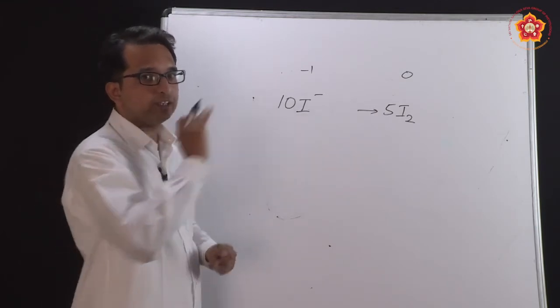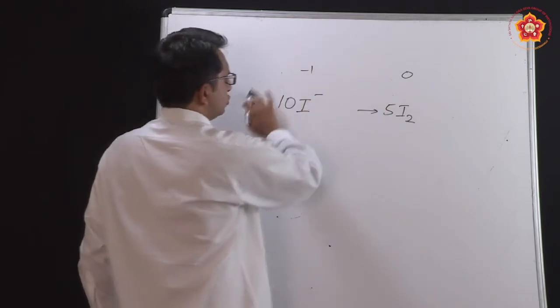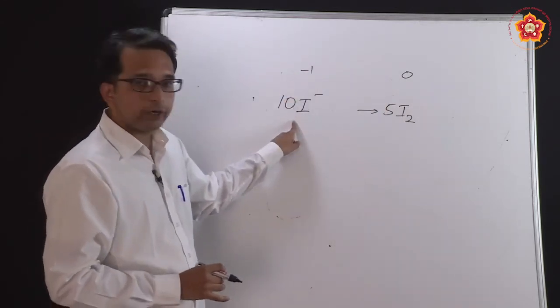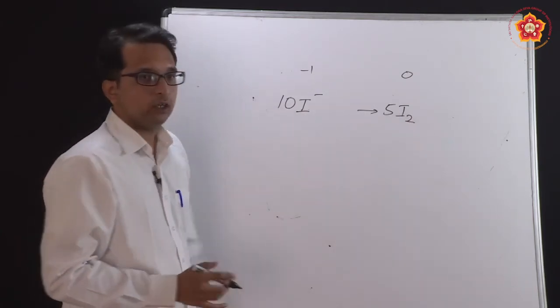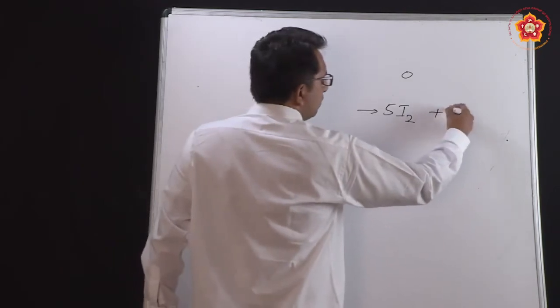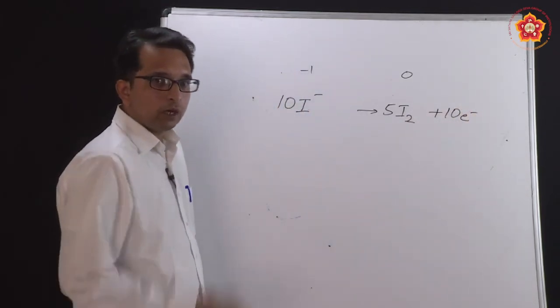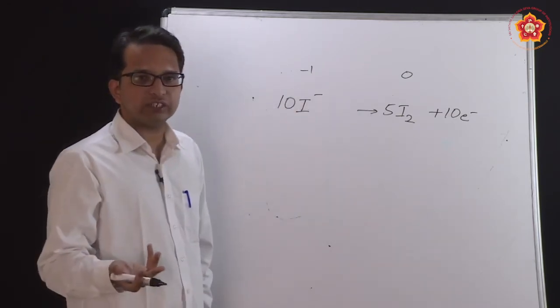So, what has happened in this process? -1 has got converted to 0, which means that it has lost electrons. Now, that is for one iodide ion, but in total you have 5 into 2, which is 10. So, that is why the total number of electrons involved here is 10. Now, who has oxidized this? This is oxidation; losing of electrons is called oxidation.